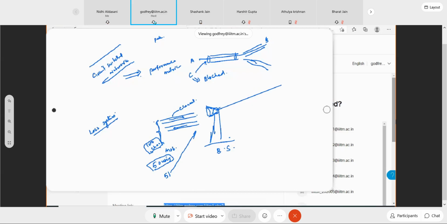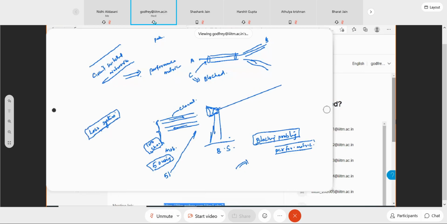Yes, sir. Then the performance metric becomes, what is the blocking probability? What is the probability that somebody who wants to make a new connection request is going to have his request blocked? That becomes the performance metric in a loss system.